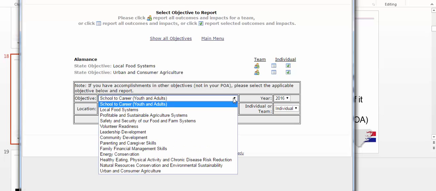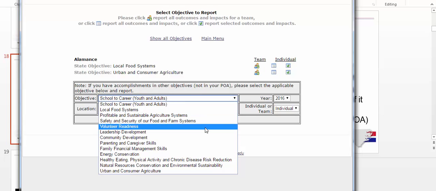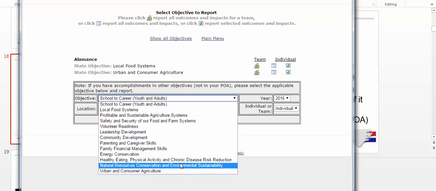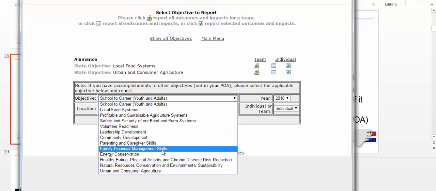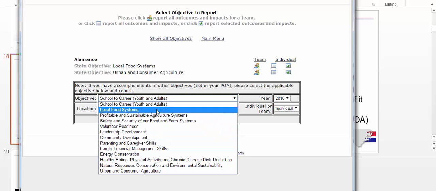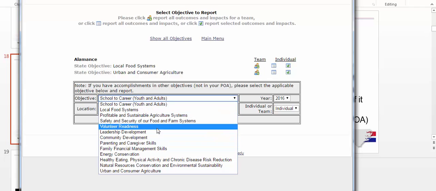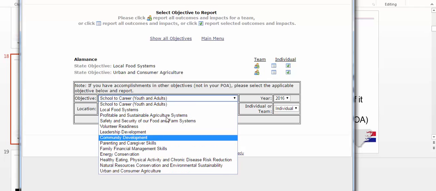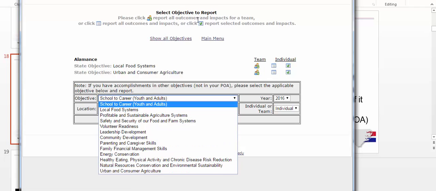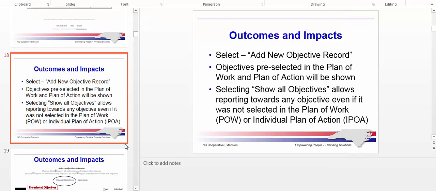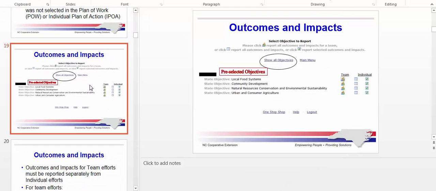So here are all the objectives that you can see in 2016 that you had the opportunity to report under. You clicked on Show All Objectives.